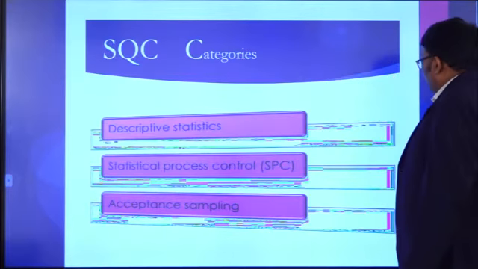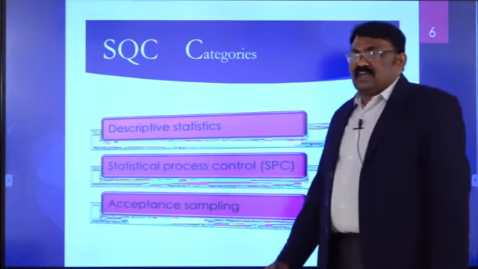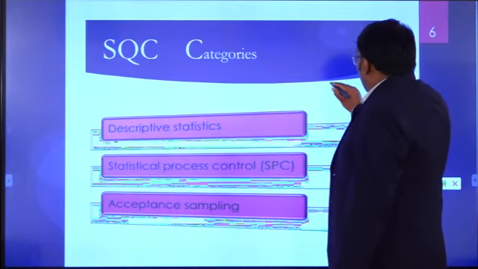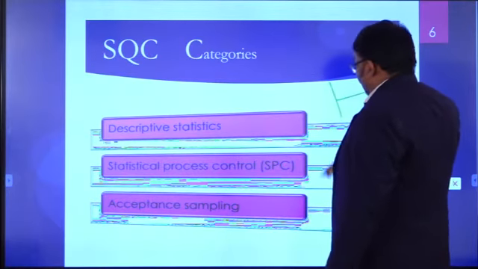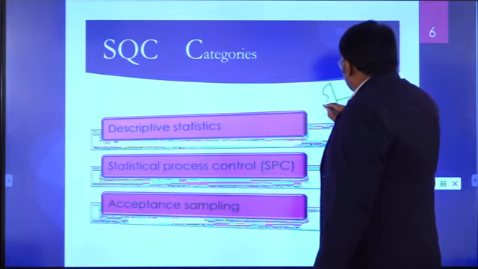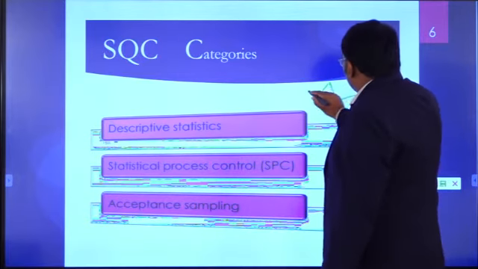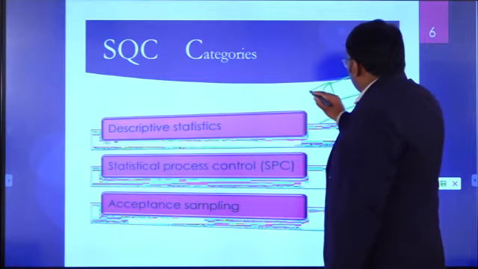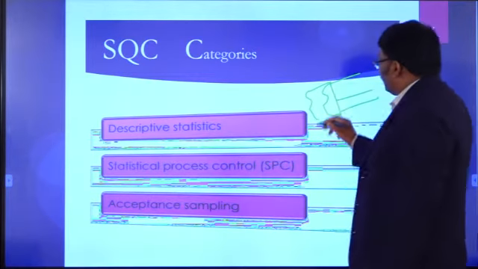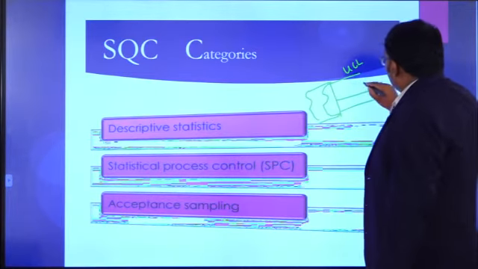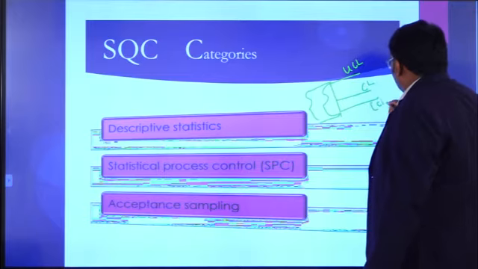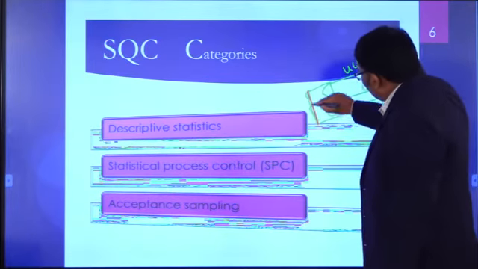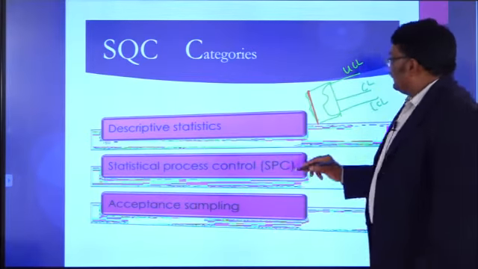Now, finally, under acceptance sampling, the limit I have defined lies with the company: the upper control limit and the lower control limit. So, I have been accepting the sampling.